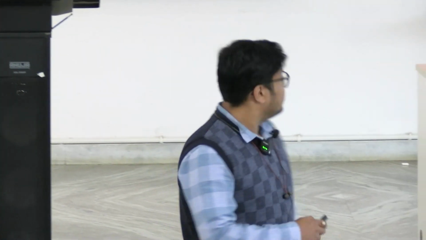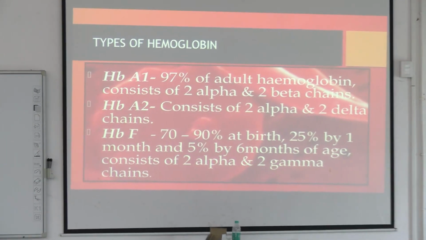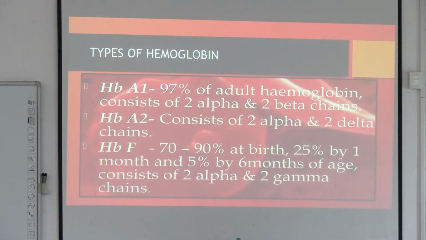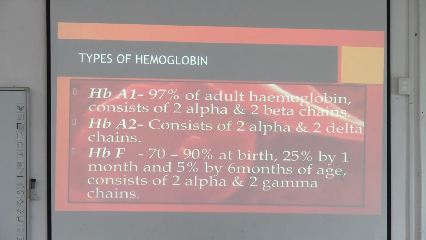The types of hemoglobin are hemoglobin A, hemoglobin A2 and hemoglobin F. Hemoglobin A, or hemoglobin A0, is the chief constituent of our normal adult hemoglobin, composed of 2 alpha and 2 beta chains. The next is hemoglobin A2.